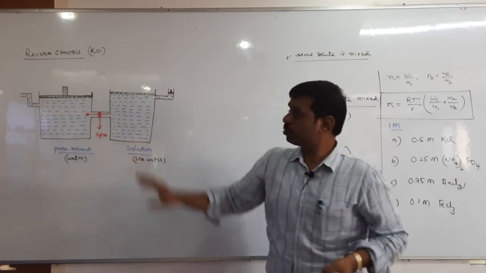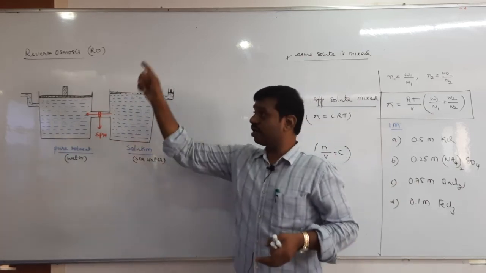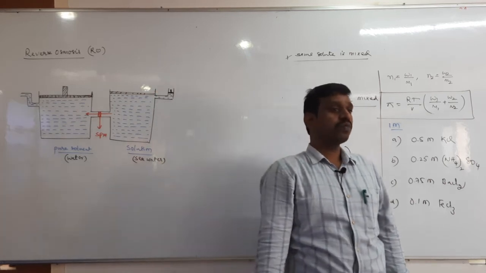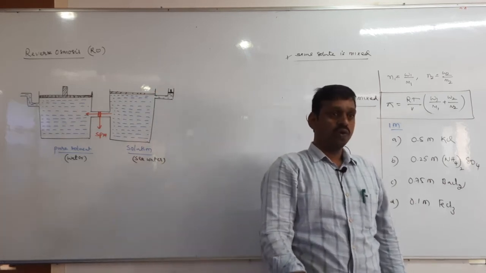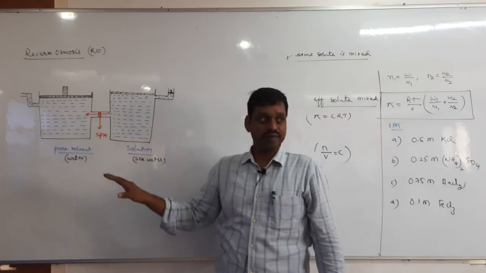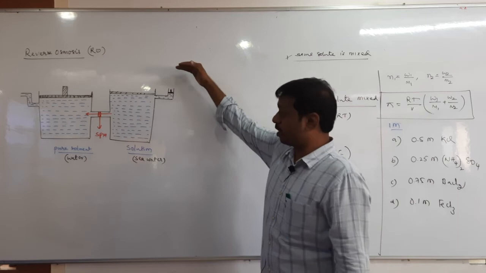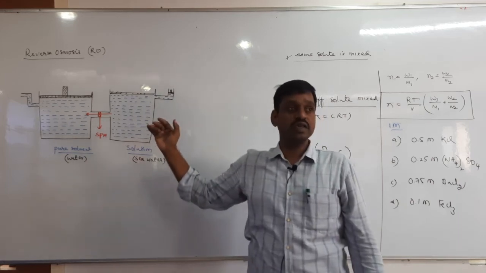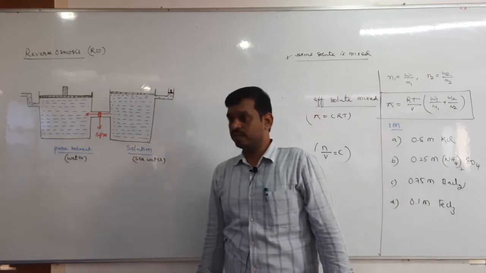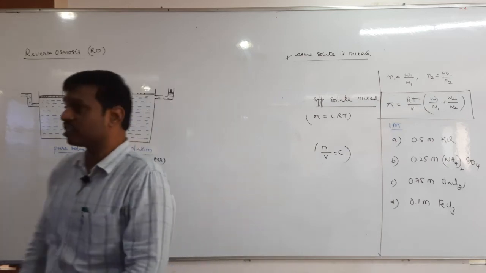Suppose I use a pressure less than the osmotic pressure, is reverse osmosis possible? No. Only osmosis will stop. There is no osmosis. But if you use a pressure greater than the osmotic pressure, reverse osmosis takes place. Therefore, how do you define reverse osmosis?